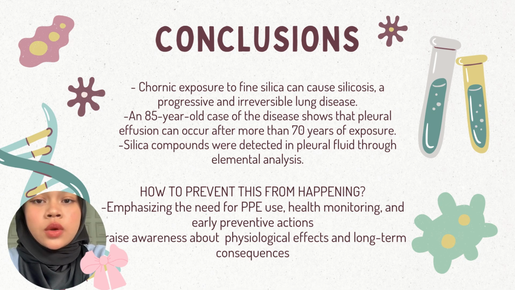Silica compounds were detected in pleural fluid through elemental analysis. How to prevent this from happening is emphasizing the need for PPE use, health monitoring, and early preventive action. Also, raise awareness about psychological effects and long-term consequences.